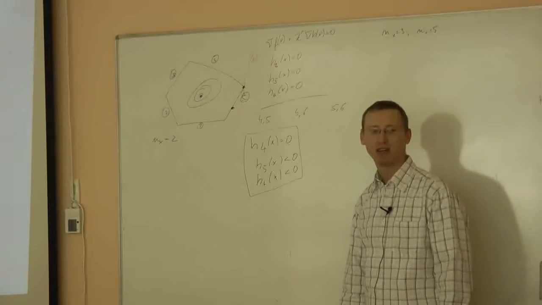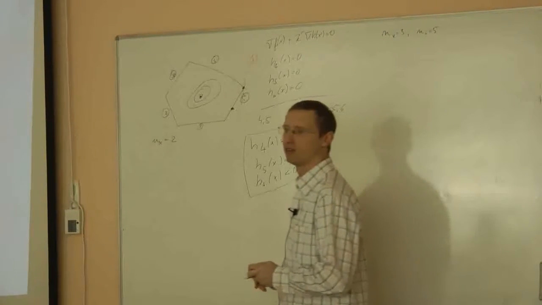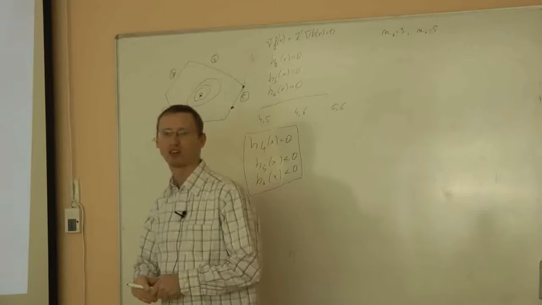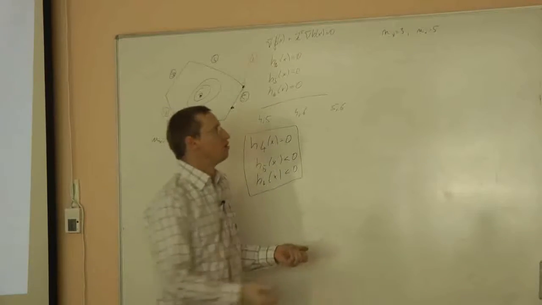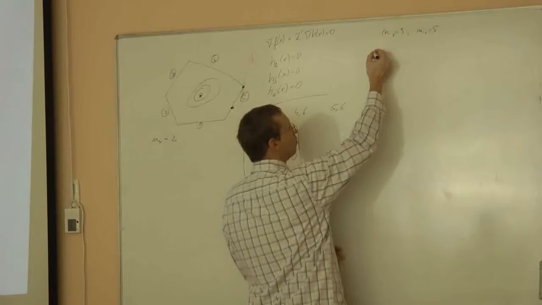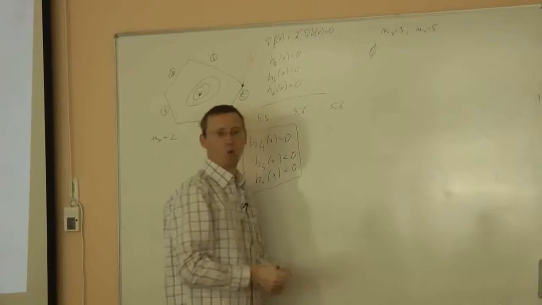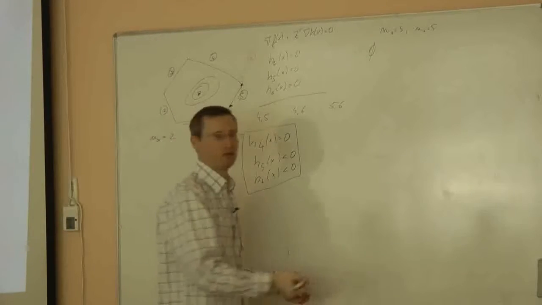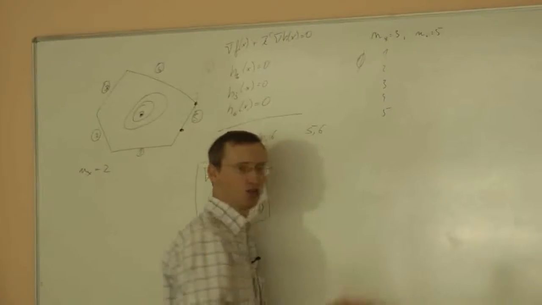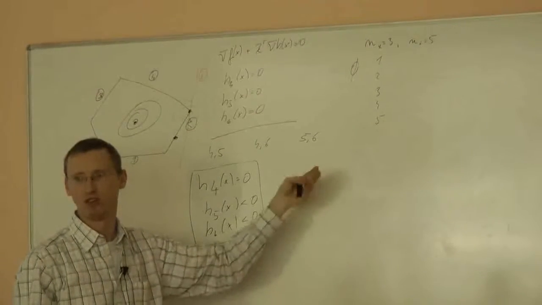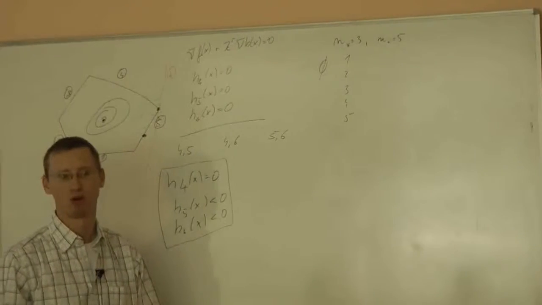So how many combinations of active constraints do we need to explore in the Karush-Kuhn-Tucker method? Well, no constraint could be active. One constraint could be active, meaning 1, 2, 3, 4, 5. Each of them is a separate case, so we already have 6 combinations to explore.